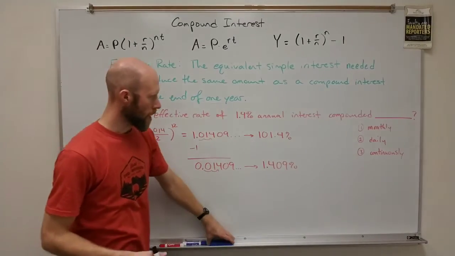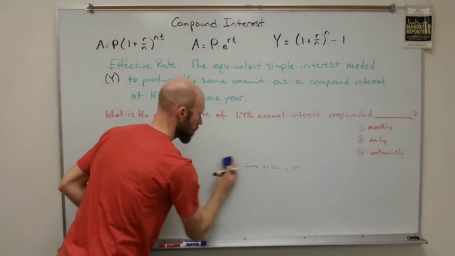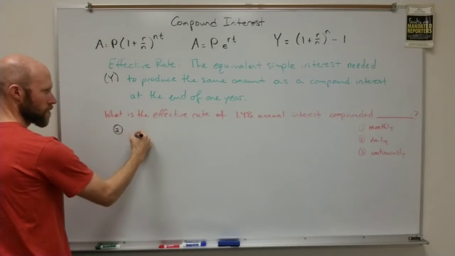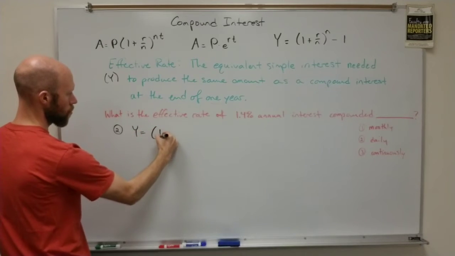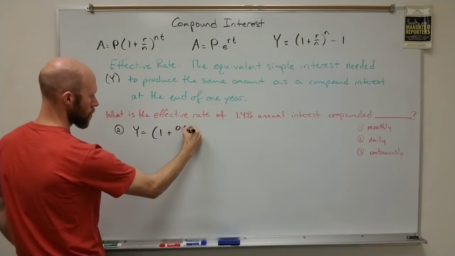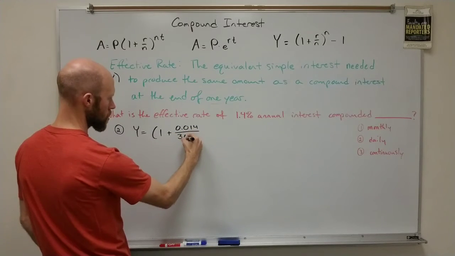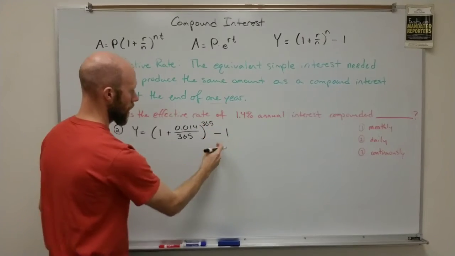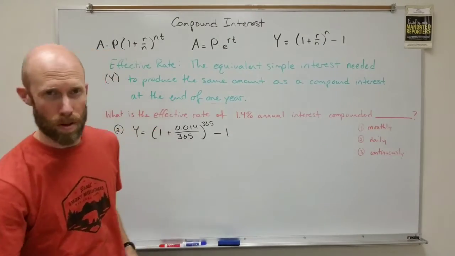And then of course change it to a percentage, because it's going to come out as a decimal. To do that with our daily compounding, the yield is going to be 1 plus 0.014 over 365, raised to the 365 power, and then we subtract off that 1, which represents the original 100% of the principal.